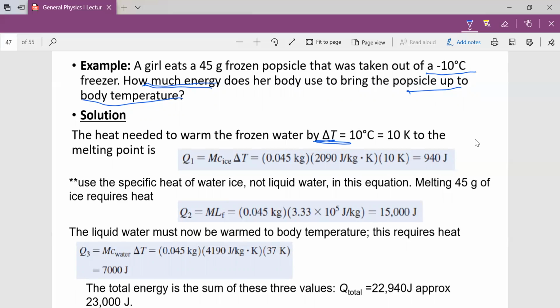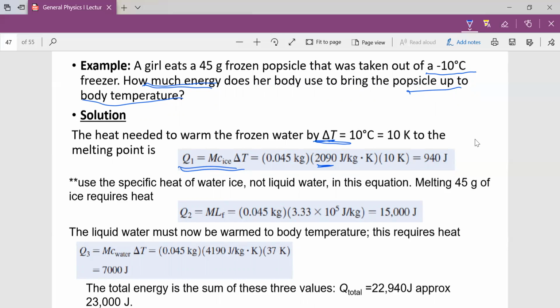So we use this equation for the heat change, M multiplied by the specific heat of ice, which is 2090 joules per kilogram Kelvin.